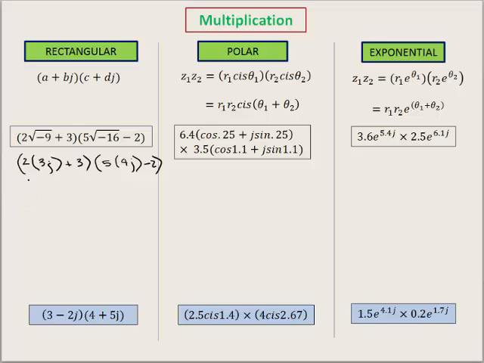Okay, so let's rewrite this. 6J plus 3, 4J, 5 times 4J minus 2. Oops, I'm sorry.